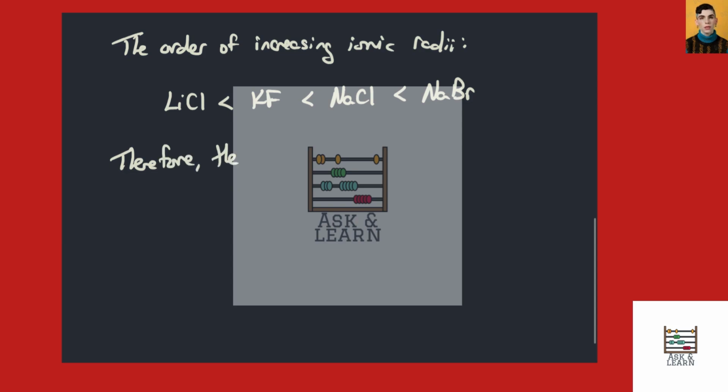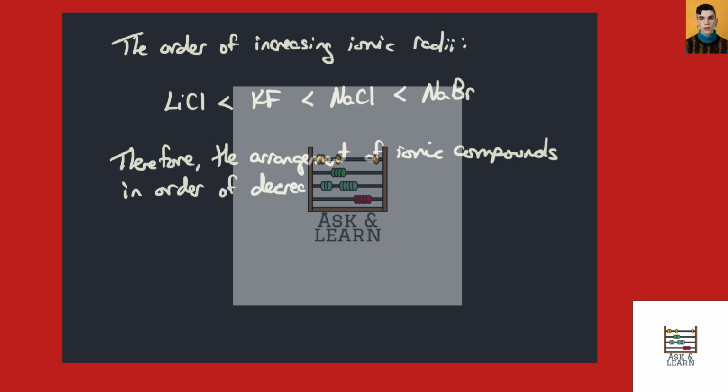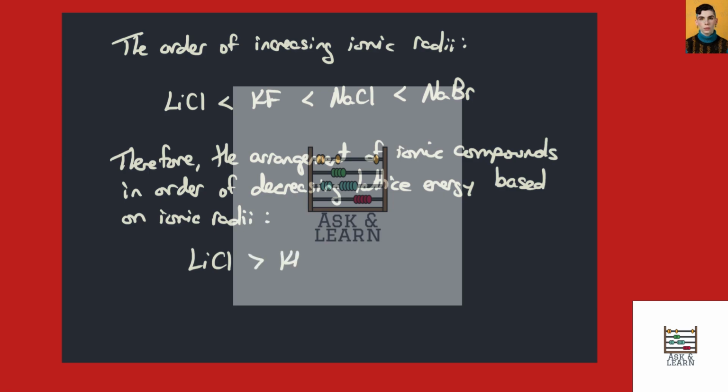Therefore, the arrangement of ionic compounds in order of decreasing lattice energy based on ionic radii would be LiCl greater than KF, greater than NaCl, greater than NaBr. So there is our order.